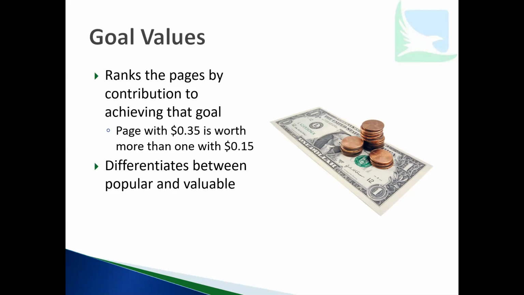And so what it's telling you is your most valuable page. To get into the mechanics of how that works would take a long time, but it's looking at the contribution each page is making towards achieving the goal. I know that's not a terribly good answer, but in the time I have, that's the best I can do right now.